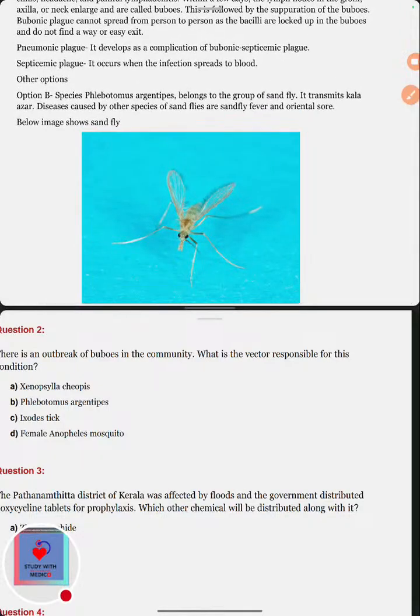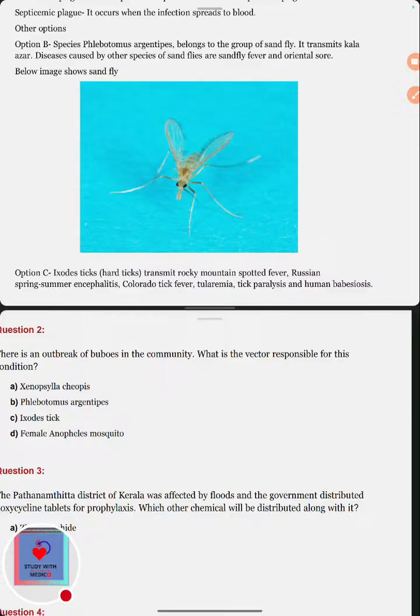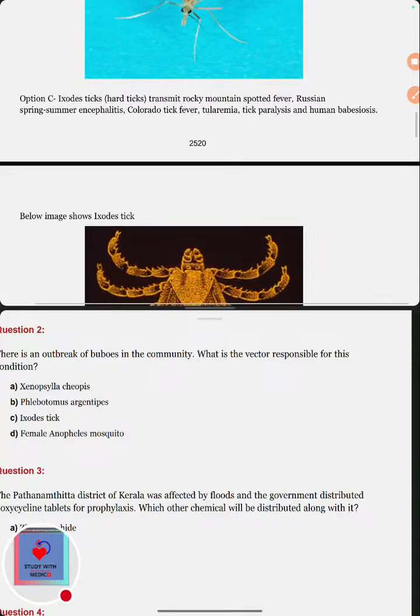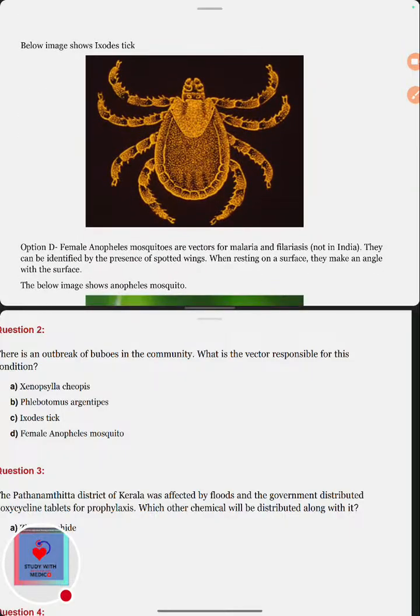This is the rat flea, Xenopsylla cheopis. Ixodes ticks are hard ticks that transmit Rocky Mountain spotted fever, Russian spring-summer encephalitis, Colorado tick fever, tularemia, tick paralysis, and human babesiosis. This is the image of an Ixodes tick.